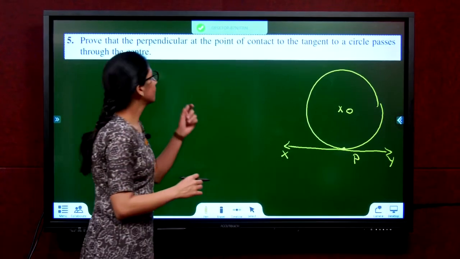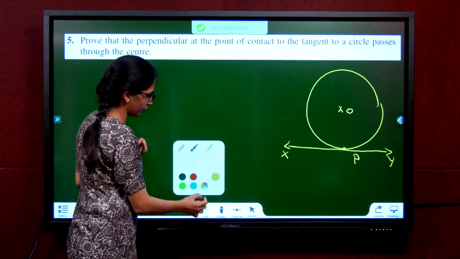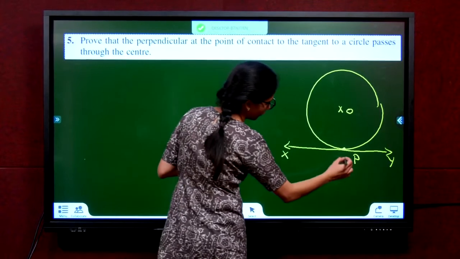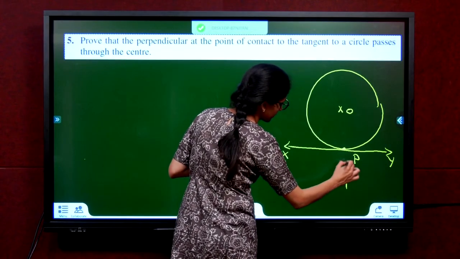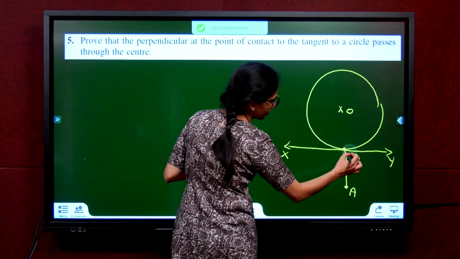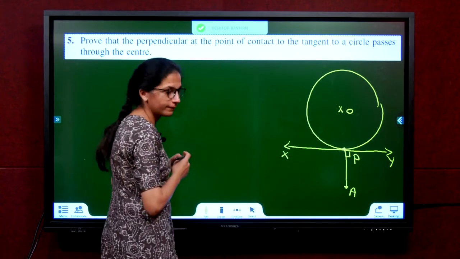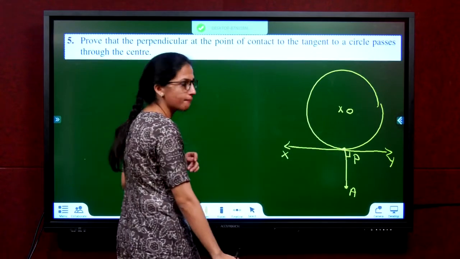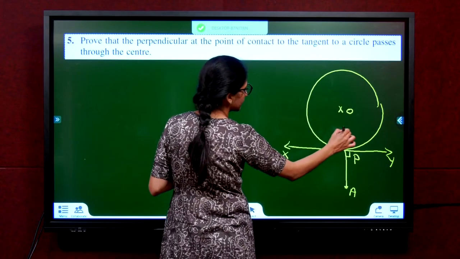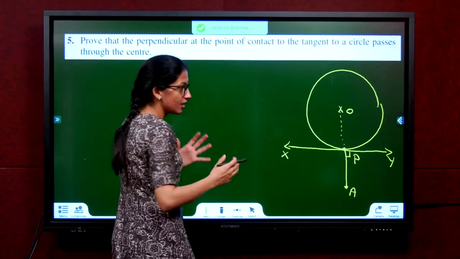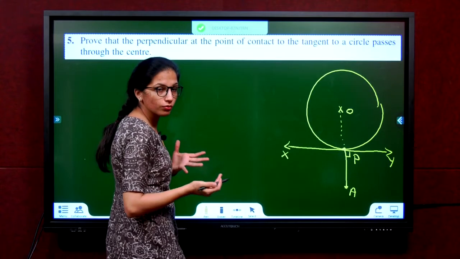Now they are telling perpendicular at the point of contact. So now let's draw a perpendicular at the point of contact. That means let's take this as AP is the perpendicular at the point of contact. You have to show that this AP passes through the center. This line, if you extend it, it passes through the center. That is what we have to show.